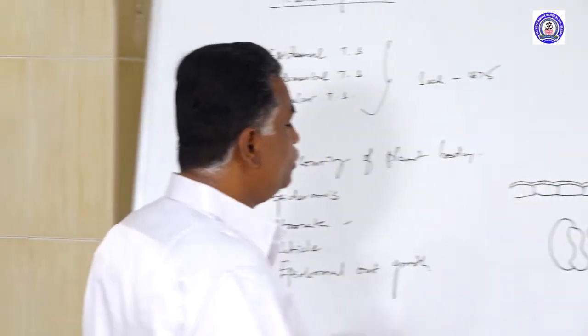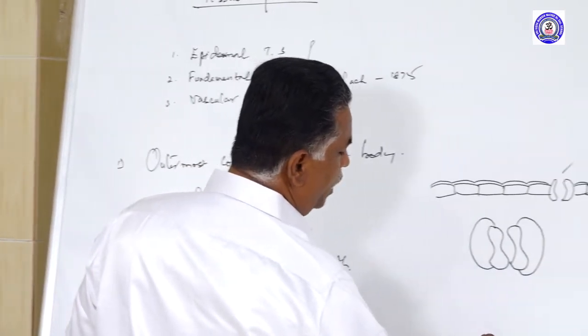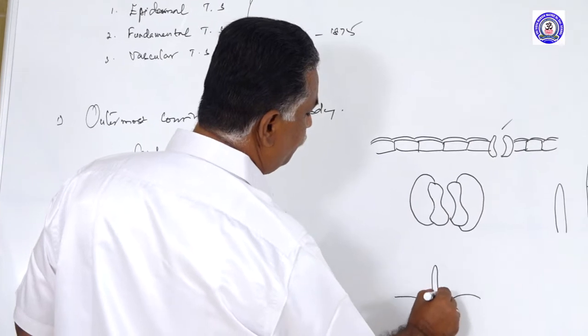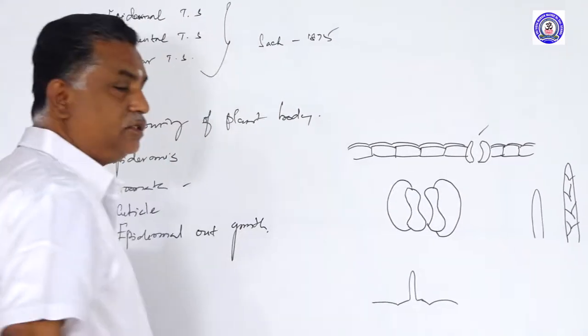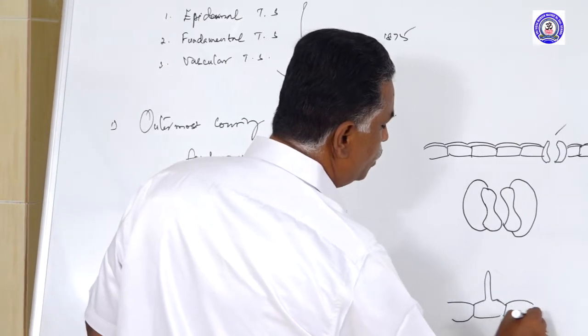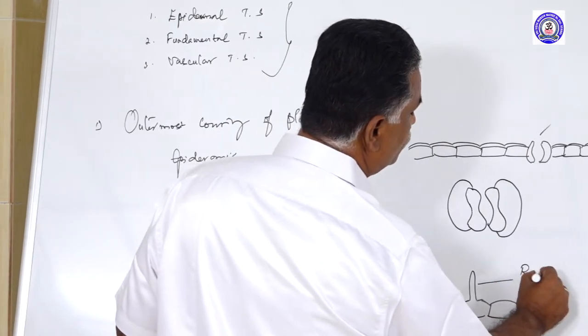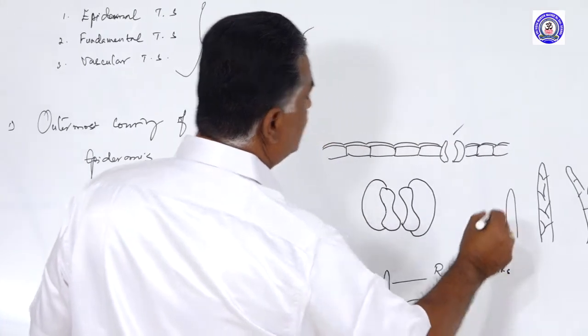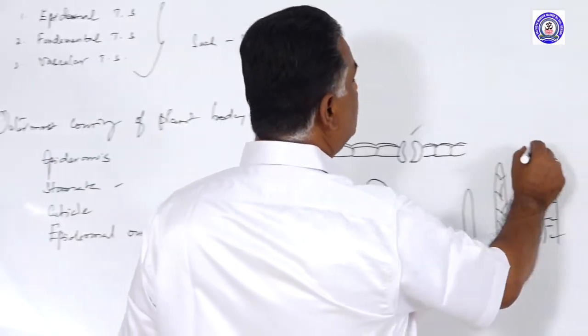In the case of roots, the epidermal outgrowths are produced as an extension of epidermis, and these are called root hairs. In the case of stem, these are called trichomes.